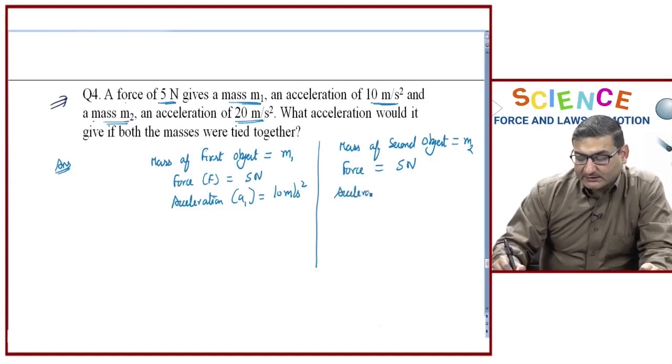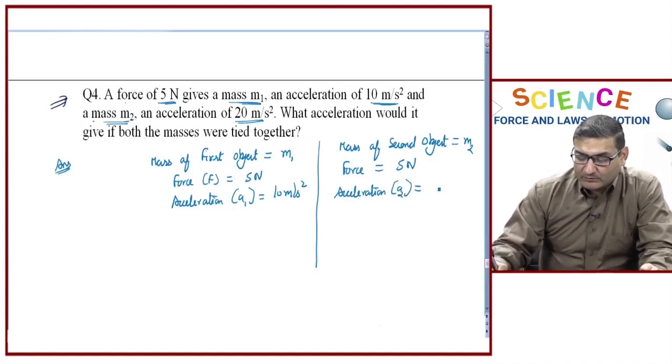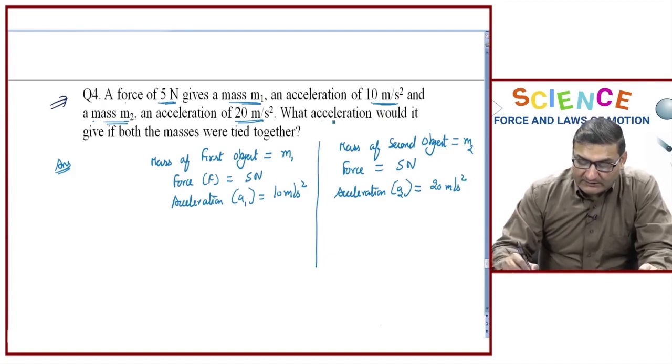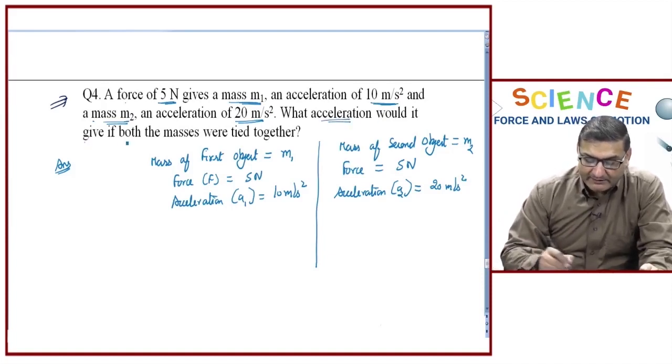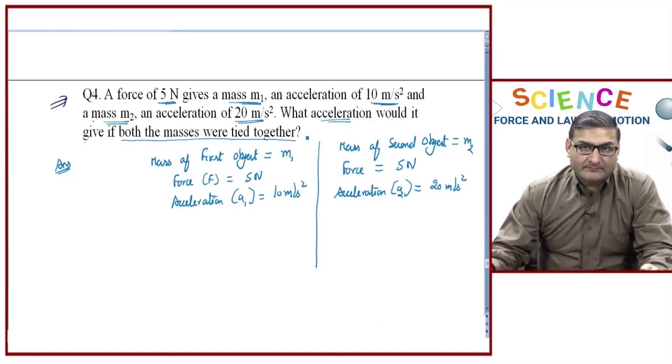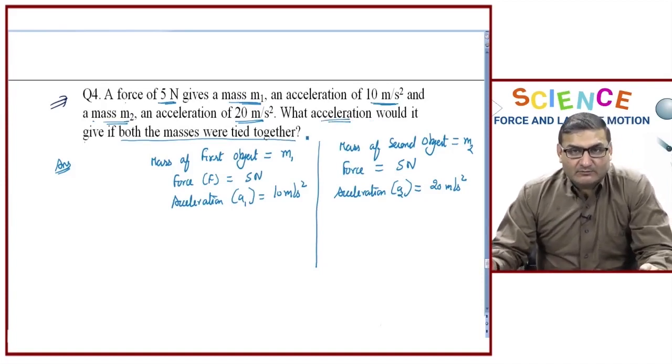This is the acceleration which is produced by this force in that second object. What acceleration would it give if both the masses were tied together? Try to relate the question, please.